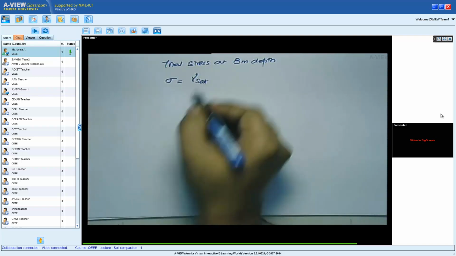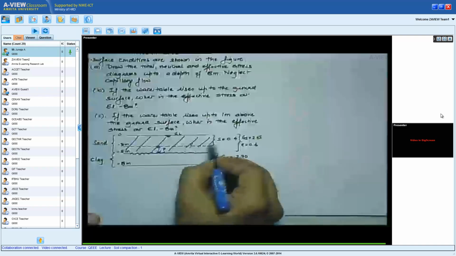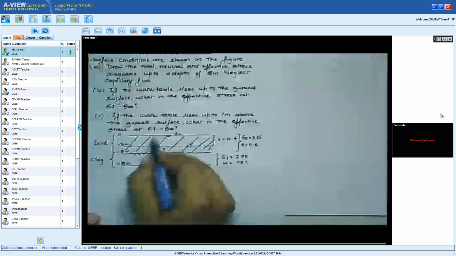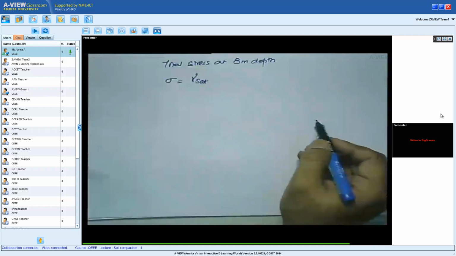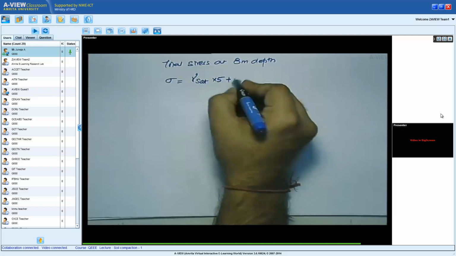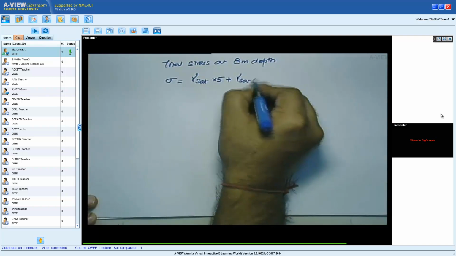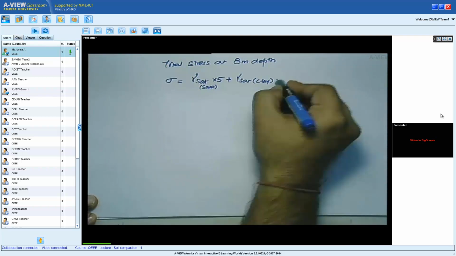That's the figure over here. This entire sand is now saturated. So I have the saturated unit weight of sand times the 5 meters, so gamma sat times 5 plus gamma sat of clay times 3.